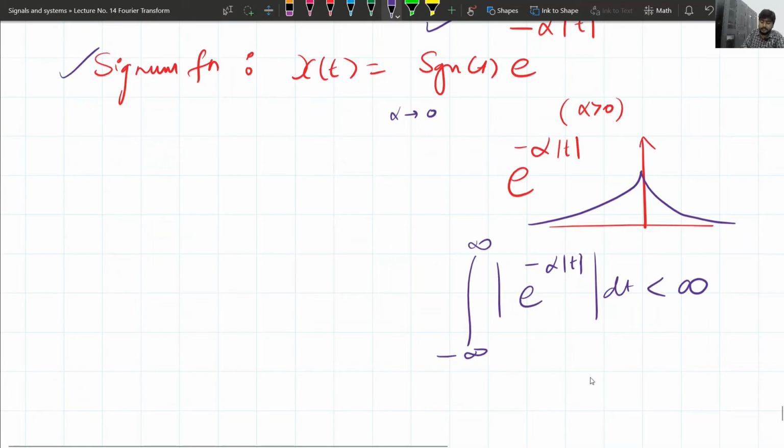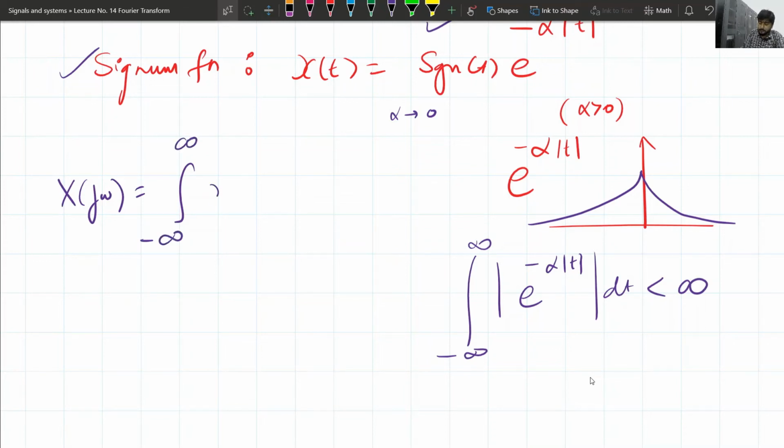Now if you find the Fourier transform, it will be the integral from minus infinity to infinity of x(t) e to the power minus j omega t dt.